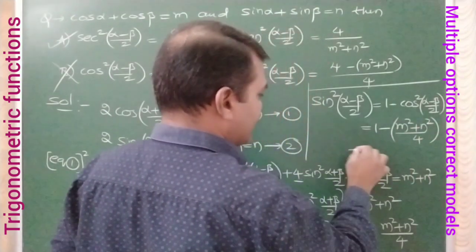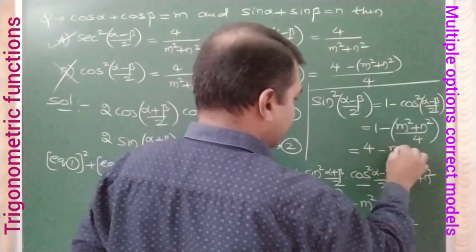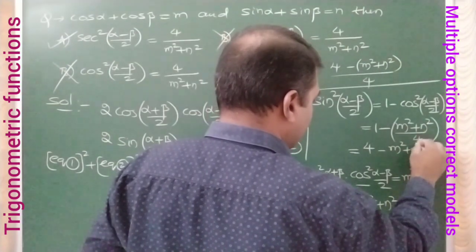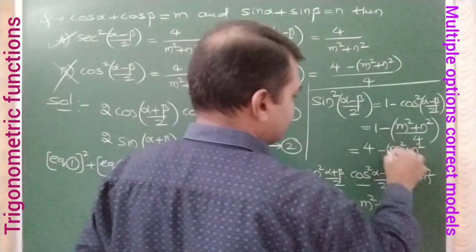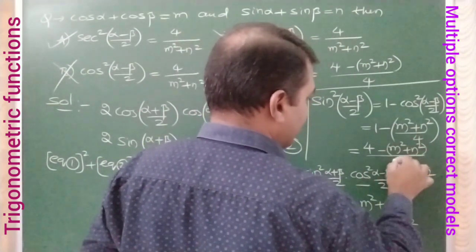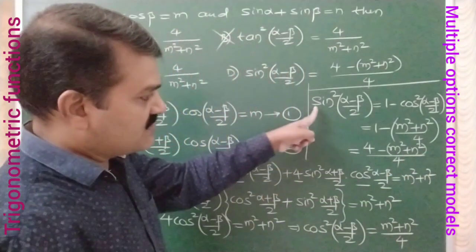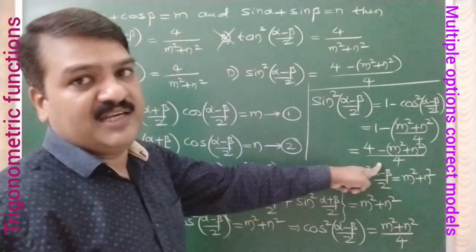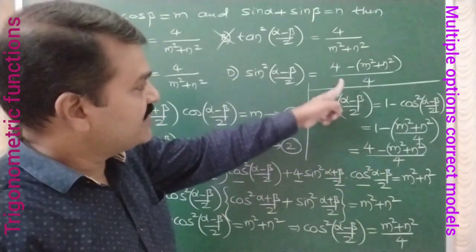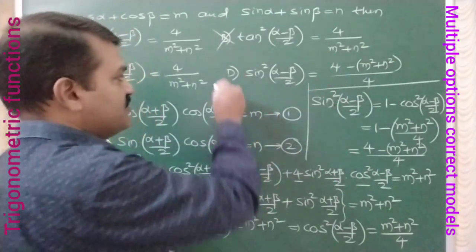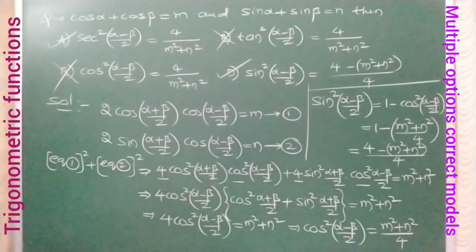If you take the LCM, you are going to get (4 minus (m square plus n square))/4, which is the sin square (alpha minus beta)/2 value. And that is what you have in the fourth option. So the fourth option is correct.